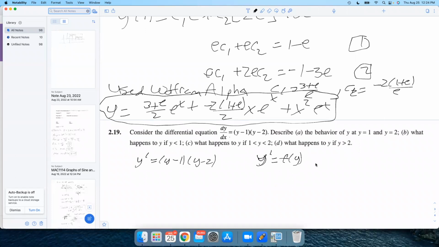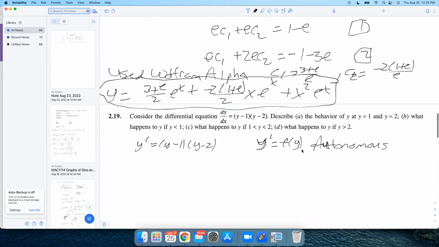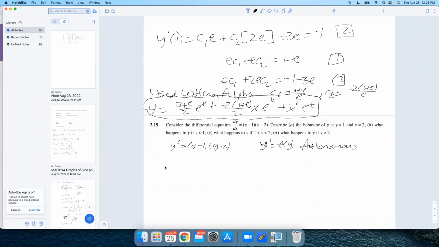We call these autonomous equations because y only depends on itself. Auto means self. Autonomous DEs, even without solving them, we can kind of get an idea what the solutions must look like. Because if dy dx equals 0, that means the function's not changing.